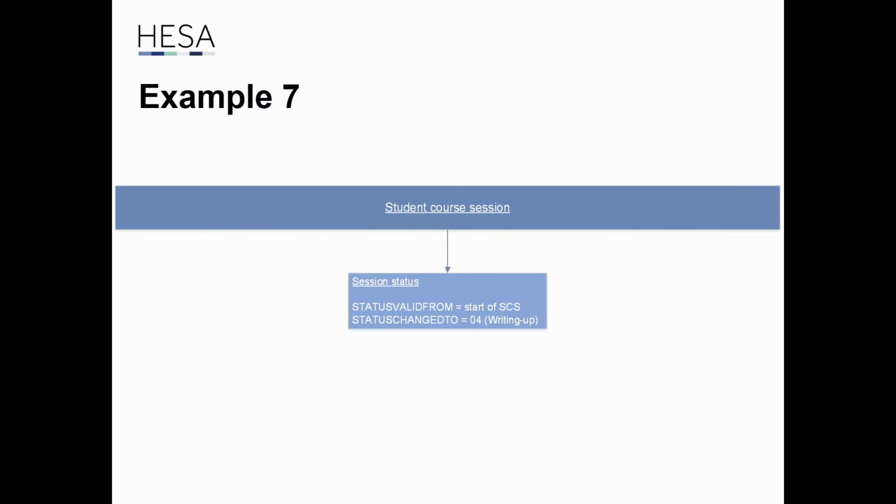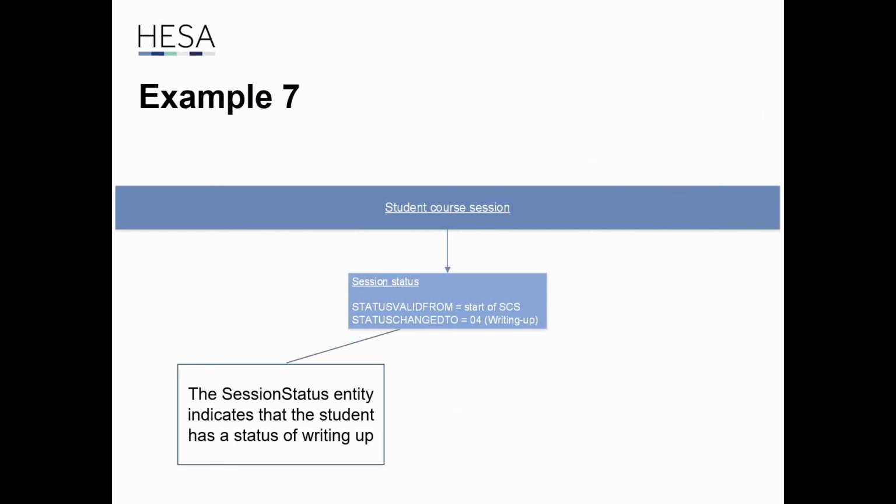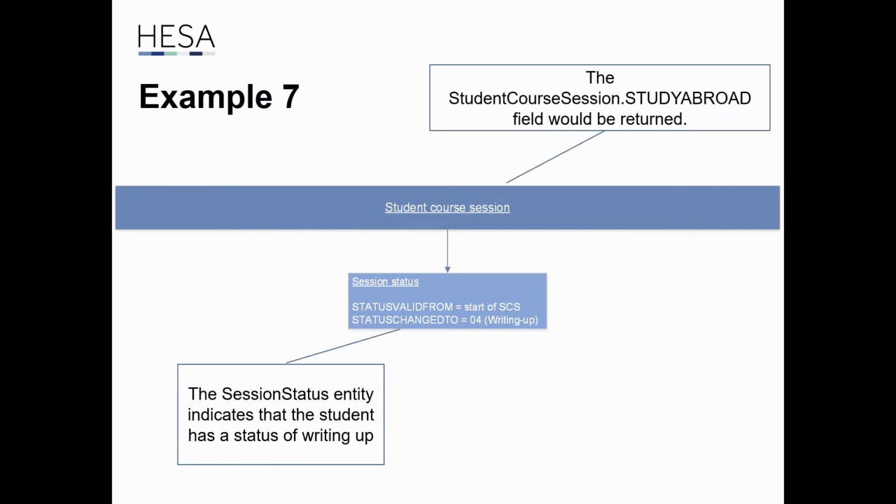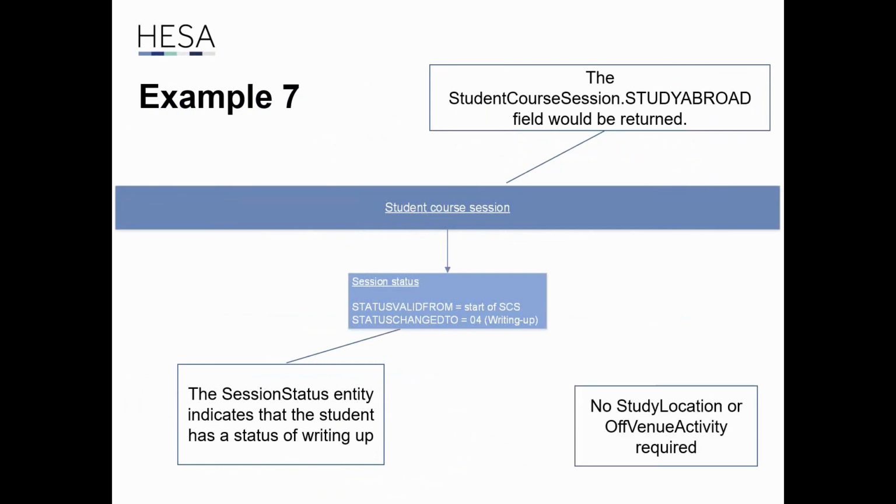So that is 04 in the status changed to value. That will indicate that they are writing up. And in the student course session, you probably say that they were studying abroad because they are overseas. So you don't need a study location, and we don't need an off-venue activity because when they're writing up, we don't need to know their specific location.